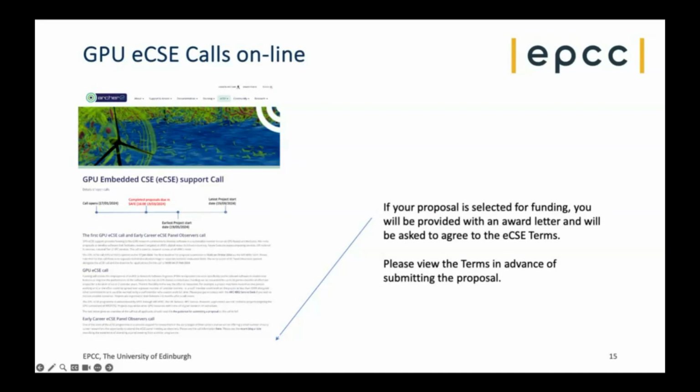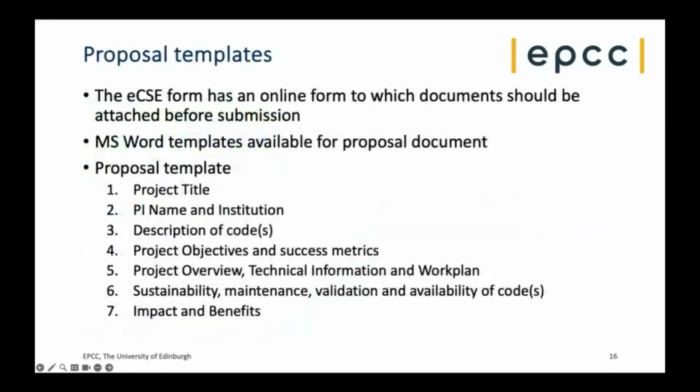But one of the things there you will find is a link to the terms that I mentioned. Please do click on that, get a copy, show it to your research office, check that they're happy with that. Because they will need to be happy with it in order for you, after the next stage, when your proposal is accepted, to accept those terms. So it's worth looking at now.